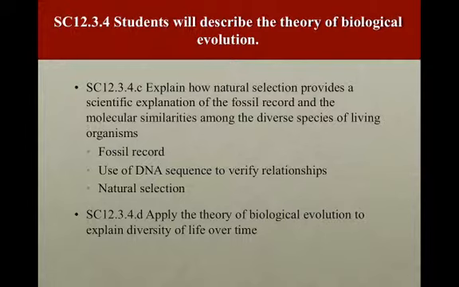Explain how natural selection provides a scientific explanation of the fossil record and the molecular similarities between the diverse species of living organisms. So looking at the fossil record, older organisms you would find deeper in the ground, right? Older would be deeper, upper would be younger. Using DNA sequences to verify relationships, so how close your DNA is supposed to help verify relationships.